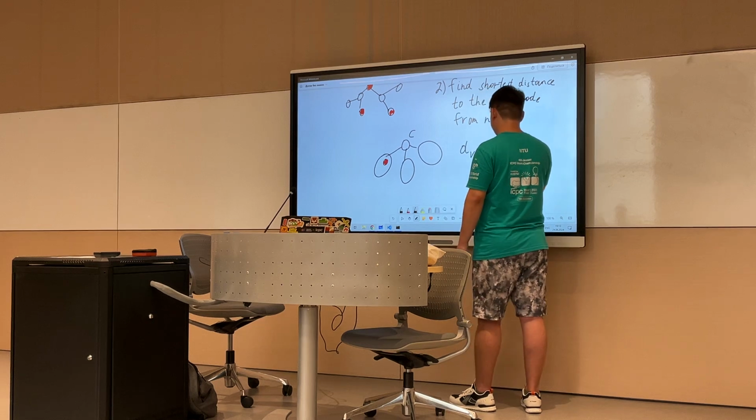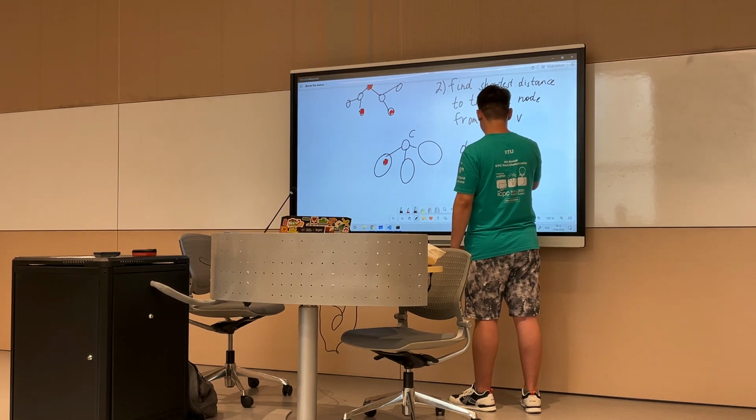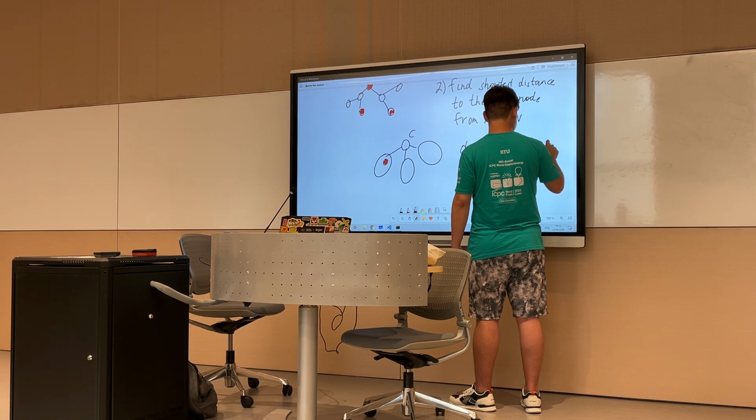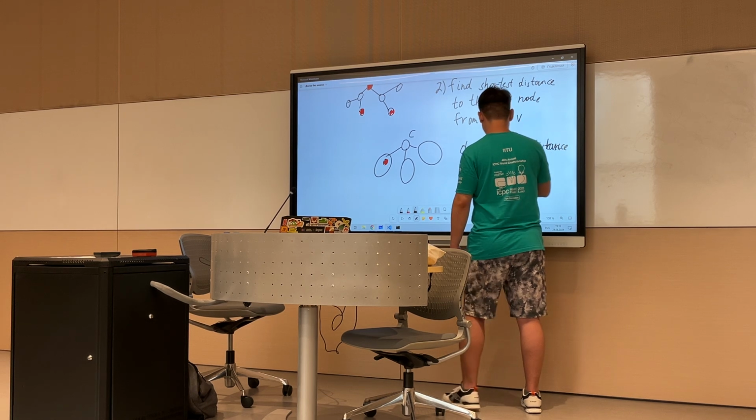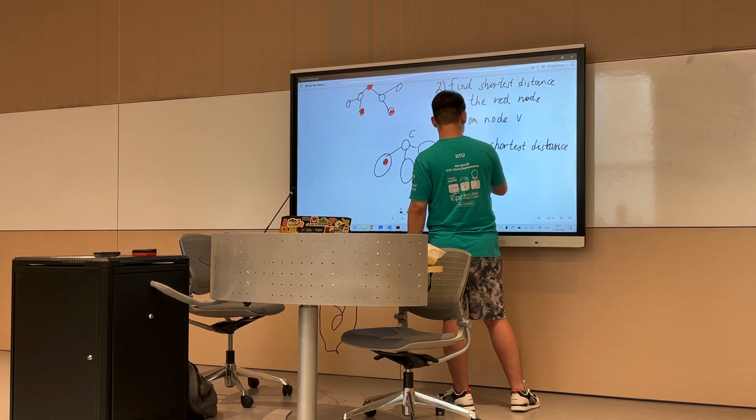Assume that dv will be the shortest distance to the centroid.